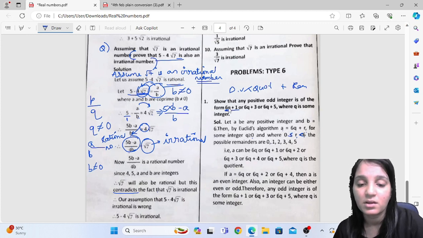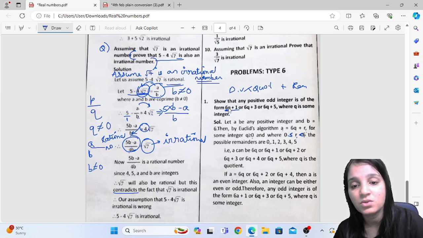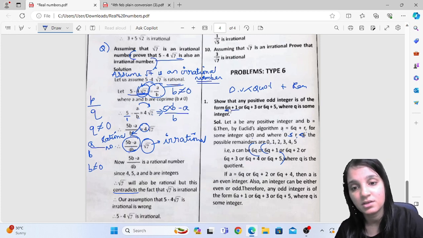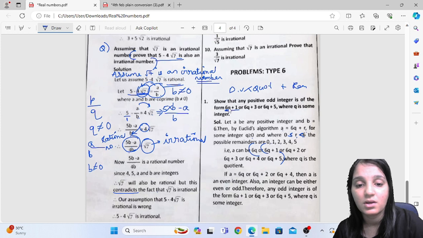Okay, then a can be 6q or 6q plus 1 or 6q plus 2 or these forms, because r is strictly less than 6. So if a is equal to 6q, 6q plus 2 or 6q plus 4, then a is an even integer. Also an integer can be either even or odd.